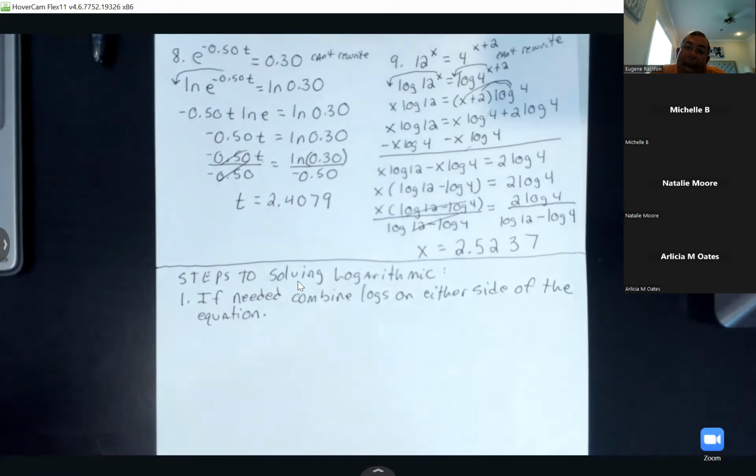So remember, if they're being added, I'm going to write them as a product. If they're being subtracted, I'm going to write them as a quotient. So it's going back to that product rule and quotient rule for logarithms, okay? And then at this point, do we have a log base equal to a log base?